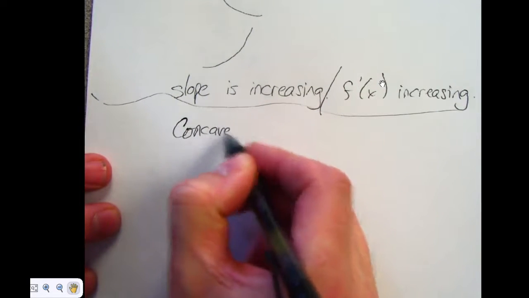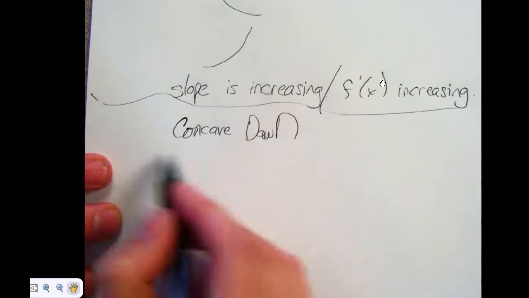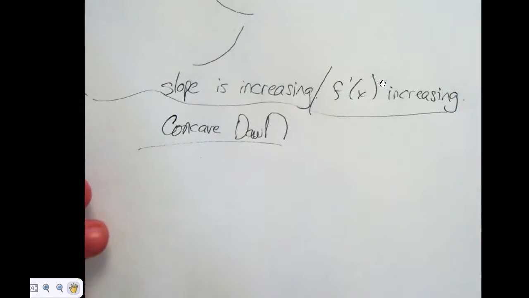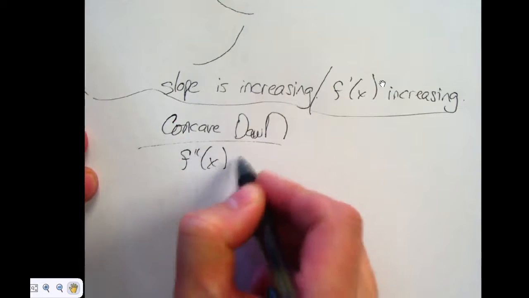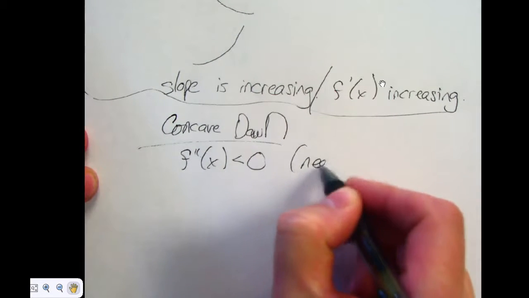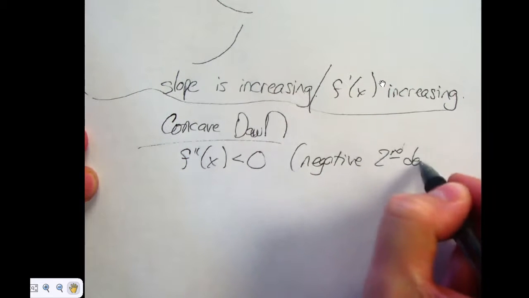So concave down, if you write the n like a lowercase n, but write it gigantically, that's what concave down looks like. It's the other version. So your second derivative in this case would be negative.